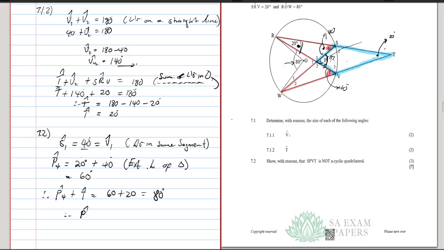Therefore, since P4 plus angle T is not equal to 180 degrees, it means that SPVT is in fact not a cyclic quad. So that is how we show that that shape is not a cyclic quad.